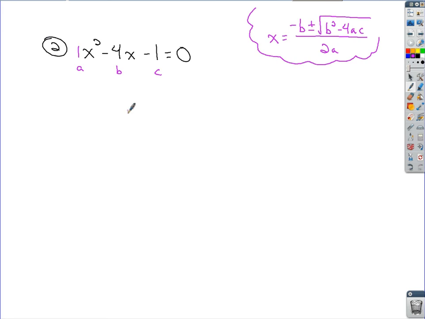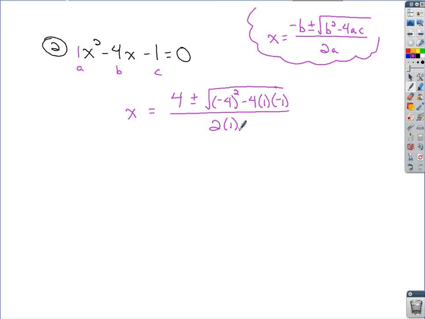If we plug in, x is going to equal negative b. We have a negative 4 as the b, so that becomes positive 4, plus or minus, square root of b squared, the negative 4, all of that squared. That will become positive. Minus 4 times a, which is 1, times c, which is negative 1, all over 2 times a, 2 times 1.